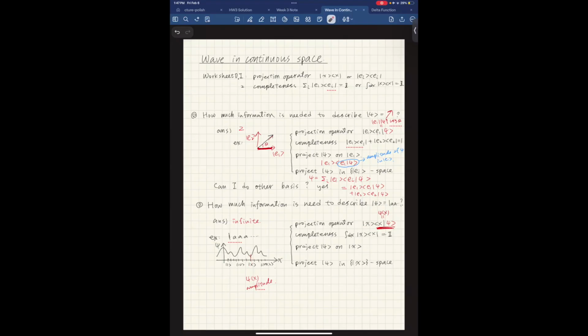Okay. And similarly, I had two coordinates, so I had this completeness relationship. If I have infinite coordinates, then I can do the projection, right? I can have an infinite sum over the space, and that should be 1 because it's complete. Okay, so now let's try answering this question.